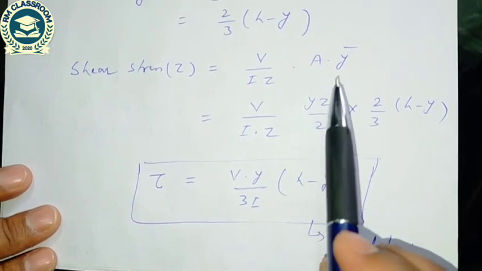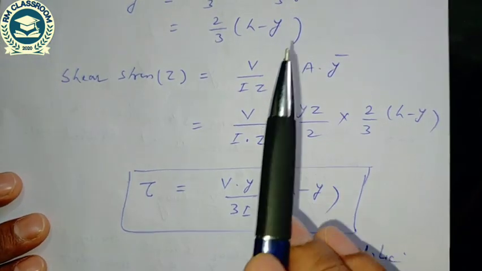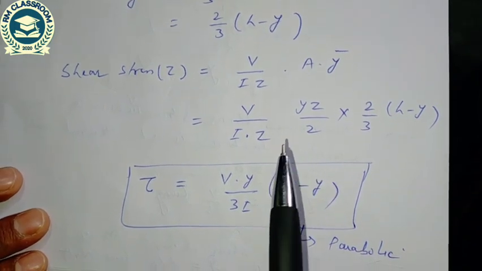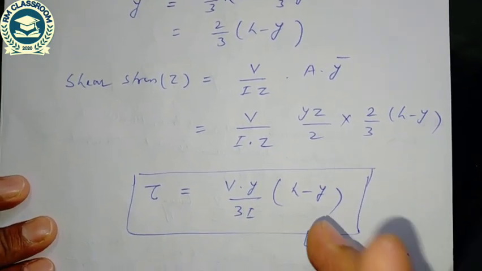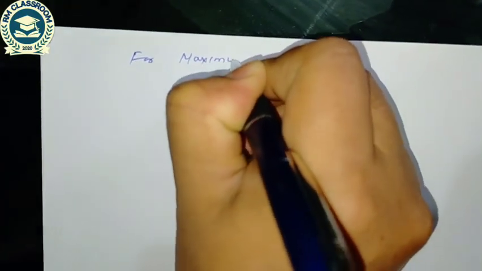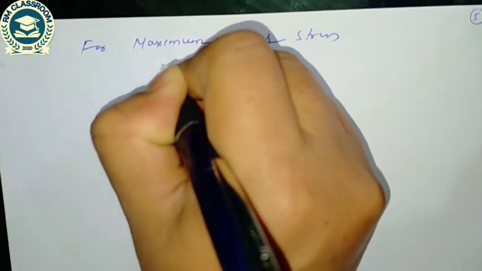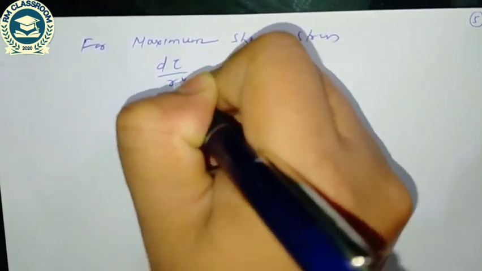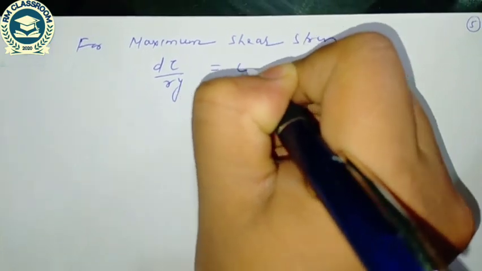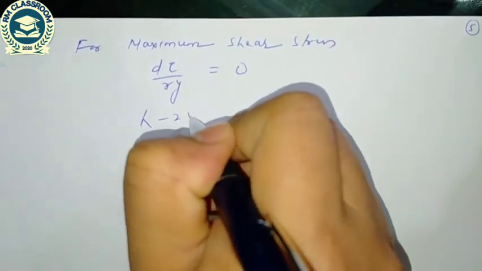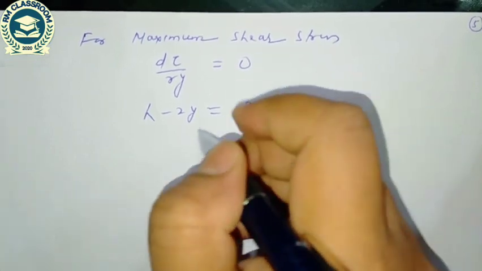So I am interested to compute the maximum shear stress and the location of maximum shear stress from the neutral axis. So for maximum shear stress, d tau by dy is equal to 0. So h minus 2y is equal to 0.